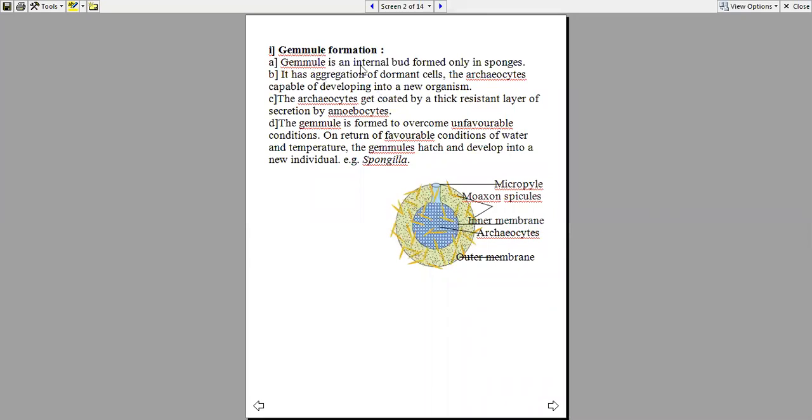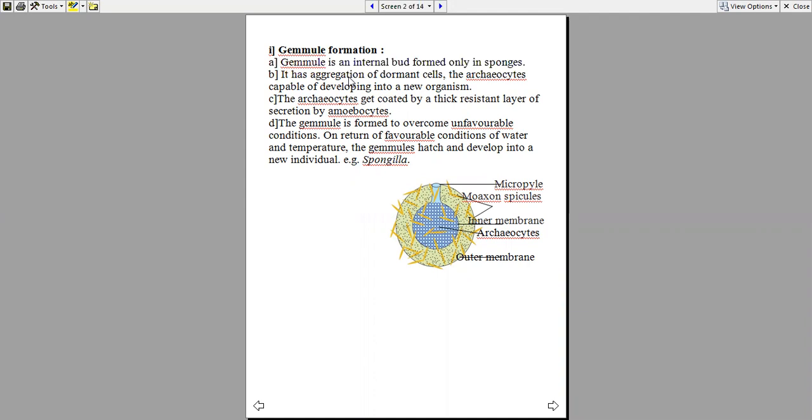Gemmule is an internal bud formed only in sponges. Now, you all know sponges come under the first category or the smallest phyla ever seen. Gemmule is an internal bud which you can see in sponges.